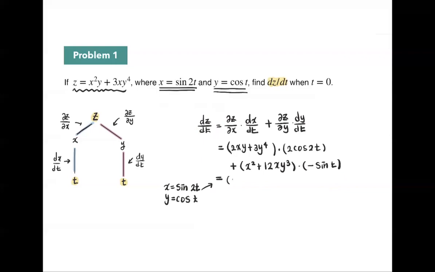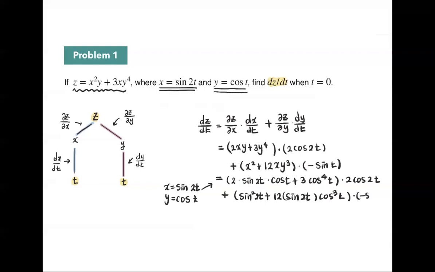Then we get 2 sine 2t times cosine t plus 3 cosine to the 4 t times 2 cosine 2t, plus x squared plus 12 times x times y cubed, times negative sine t. Okay, this is dz/dt.